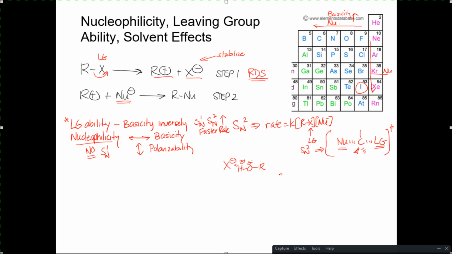And the carbocation itself will be solvated better by the delta minus oxygen of the alcohol. We'll get more into that in a few minutes.